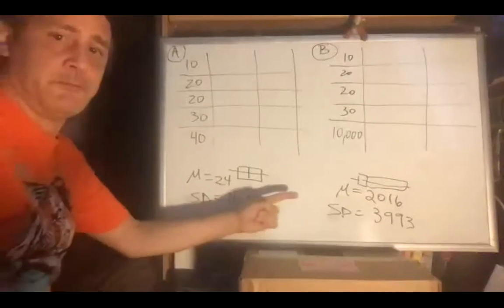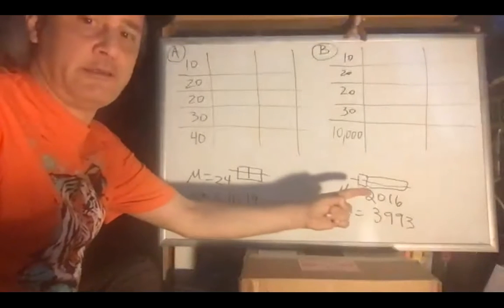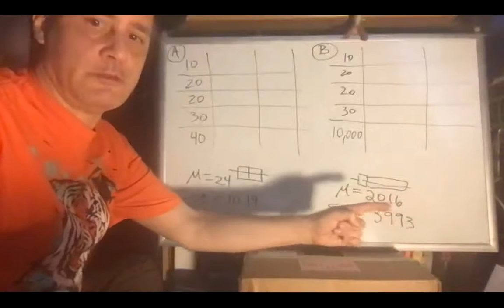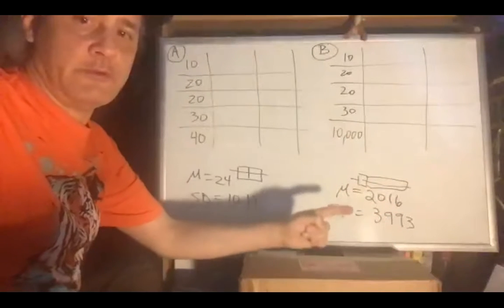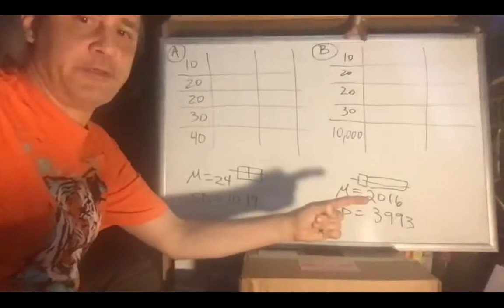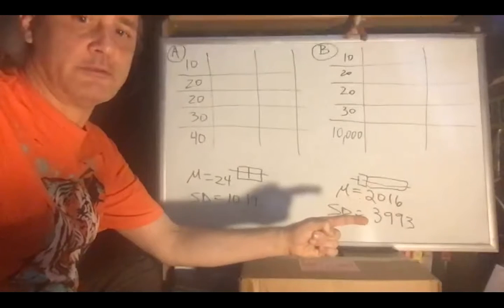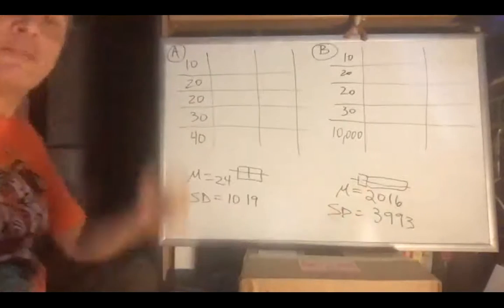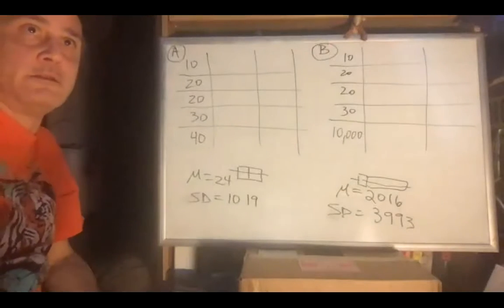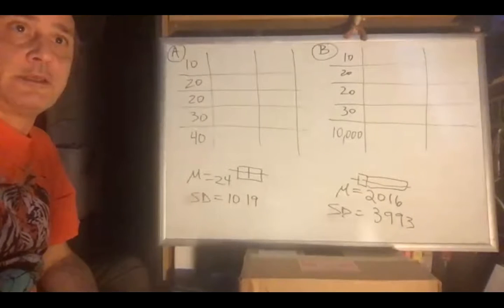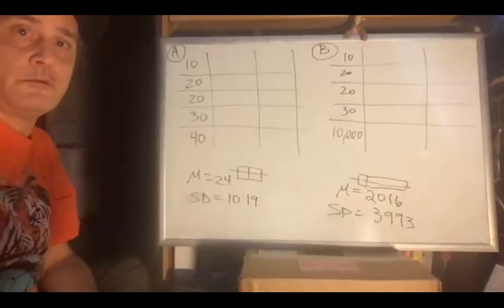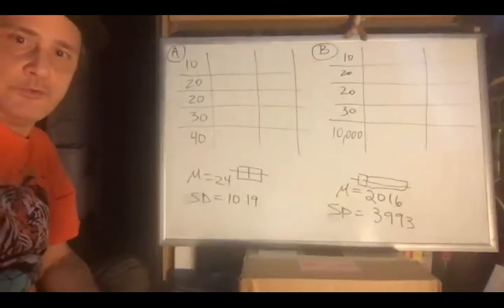But look at B, where we had a huge right skew because of that big number. Notice that the standard deviation is bigger, almost double the mean. So that's one way that the standard deviation can be really helpful as far as what we're doing here.